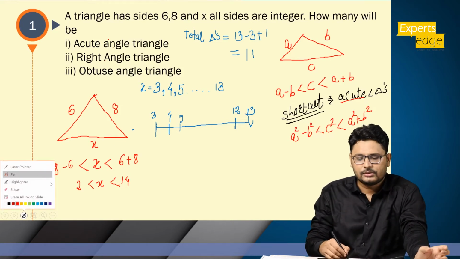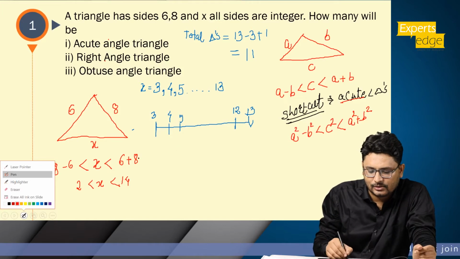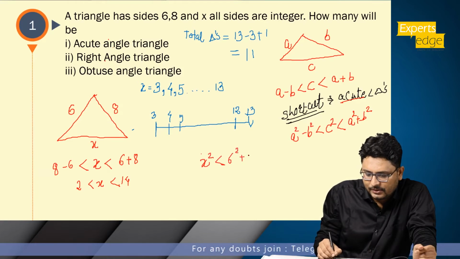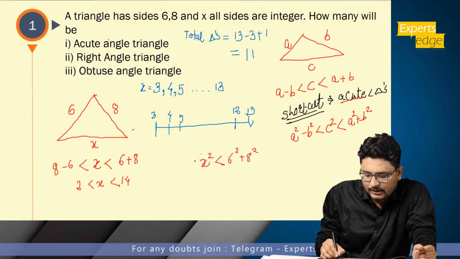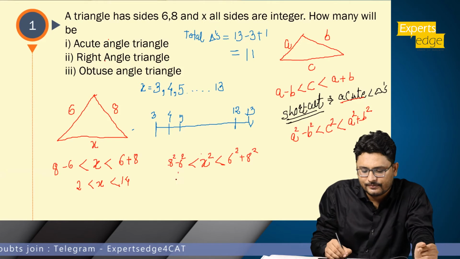Okay, so just tell me फिर x square की range क्या आएगी? Here my C is what? X. So x square should be less than 6 square plus 8 square, right? And it should be greater than 8 square minus 6 square. So this will be what? 64 minus 36.